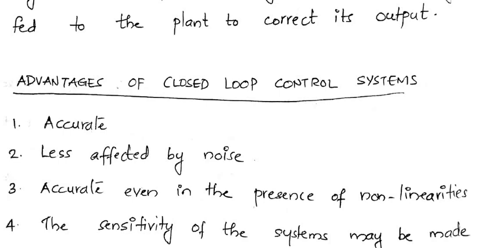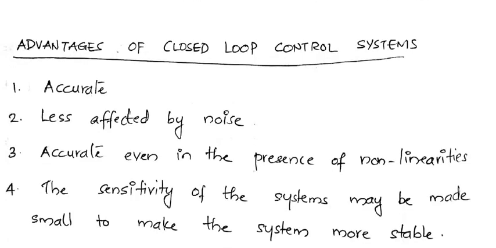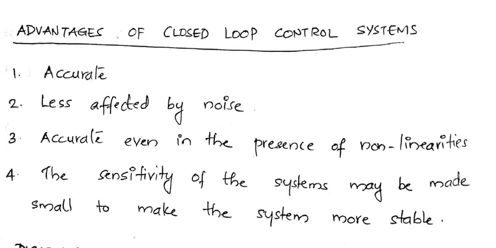So we can ensure accuracy even in the presence of some disturbances or non-linearities. Again, the fourth one, the sensitivity of the system may be adjusted to make the system more stable. Actually, in this kind of closed loop system, stability is a major problem, but to some extent we can make the system stable by adjusting the sensitivity.